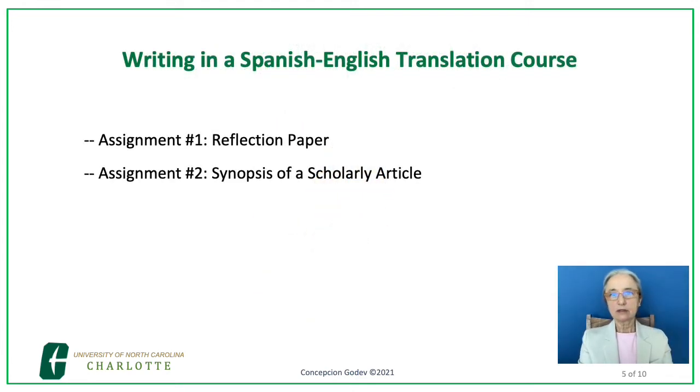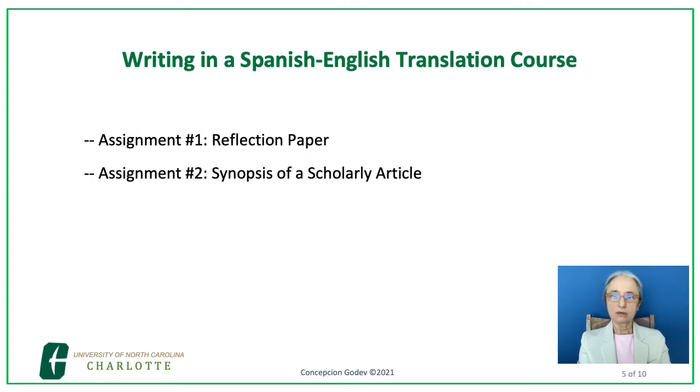The Spanish-English translation course includes two writing projects. Assignment number 1 is a reflection paper, and assignment number 2 is a synopsis of a scholarly article. Each of the assignments is about 800 words in length.